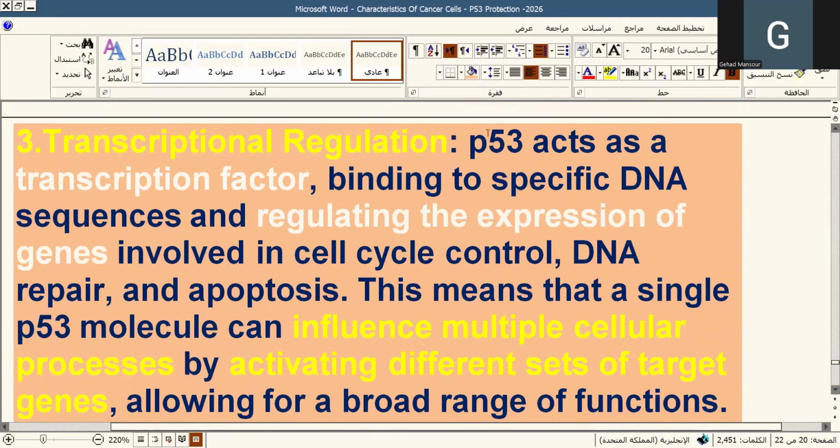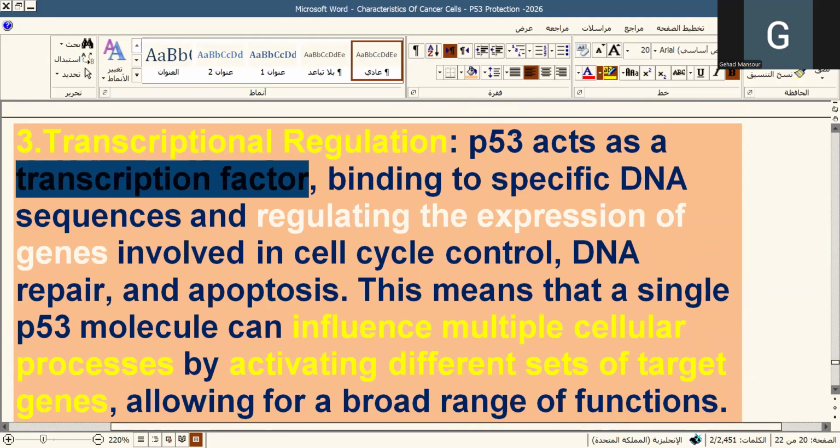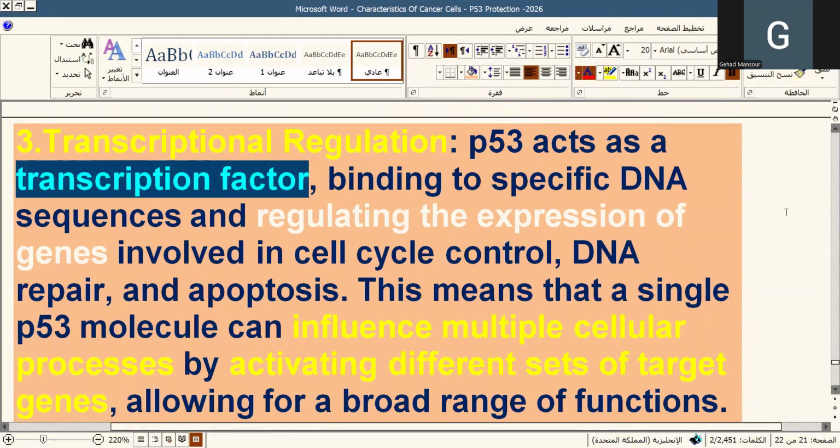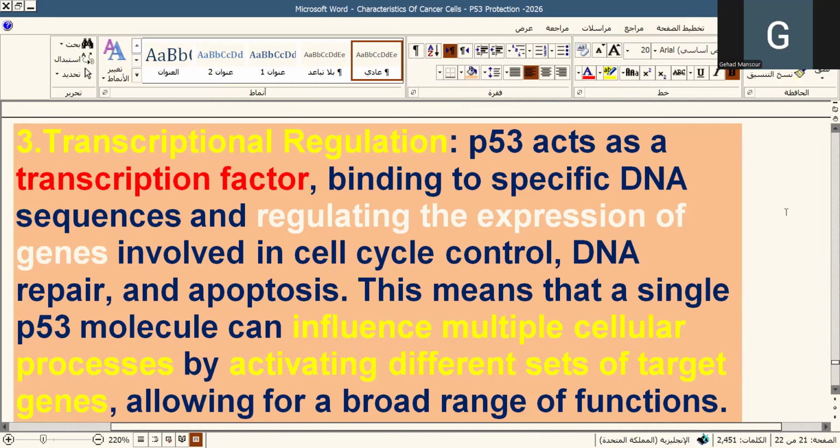On the other hand, we have the transcriptional regulation. What do we mean by transcriptional regulation? P53 can act as a transcription factor. And again, this is an additional function of P53. When it acts as a transcription factor, this means that it helps the RNA polymerase to bind to the promoter and start transcribing DNA.